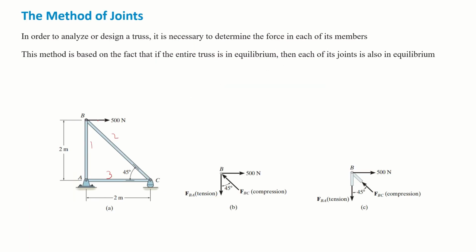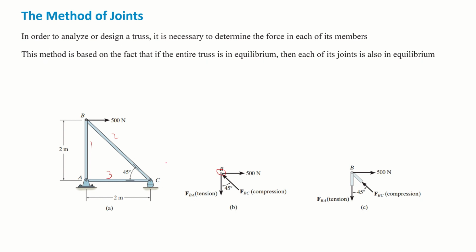In the method of joints, we consider that the entire truss is in equilibrium, and then each of its joints is also in equilibrium. You can see that it has shown a joint here which is point B. At point B, there are three forces acting.